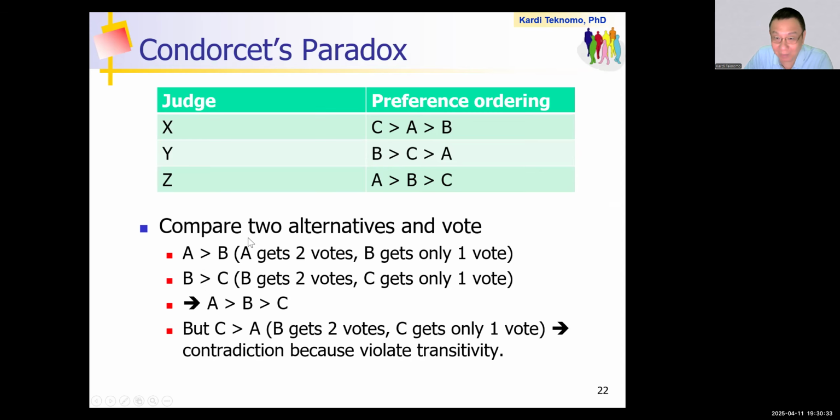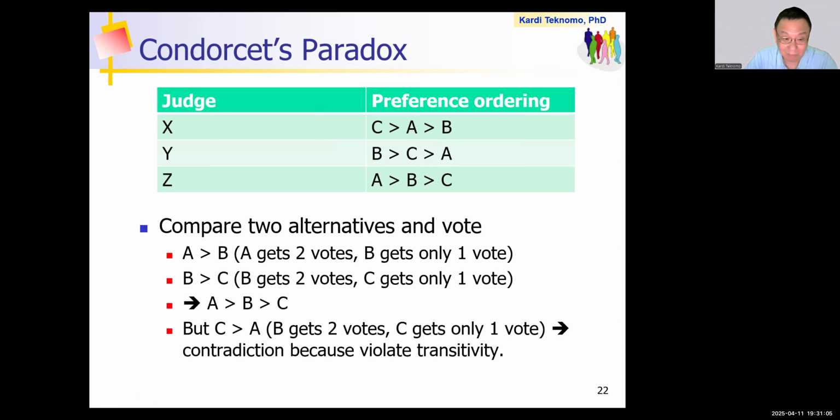But let's compare the other way. How about C larger than A? You also get two votes, right? So in this case, even if individual decisions are transitive, your group decision is contradictory, right?